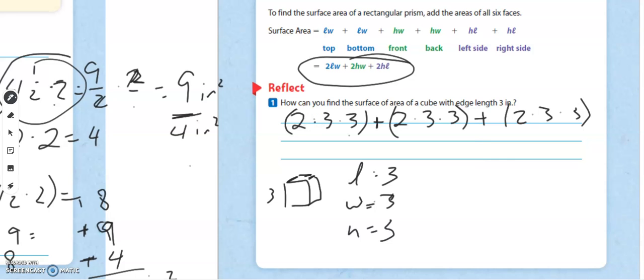So 2 times 3 is 6. 6 times 3 is 18. So the total is 54.